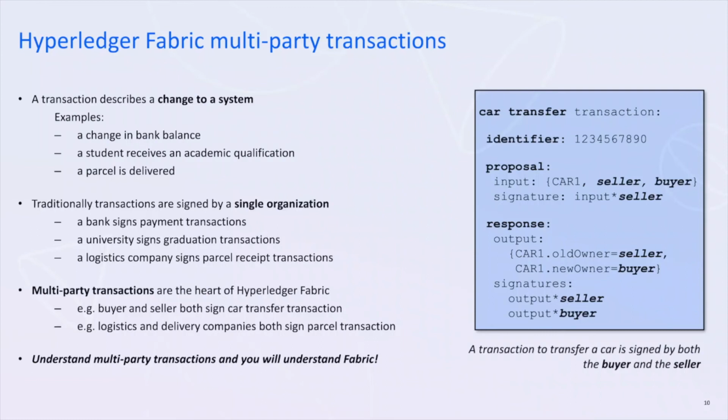Now, from a Hyperledger Fabric point of view, how do we have these multi-party transactions conducted? A transaction, as we have already understood, describes a change to a system.